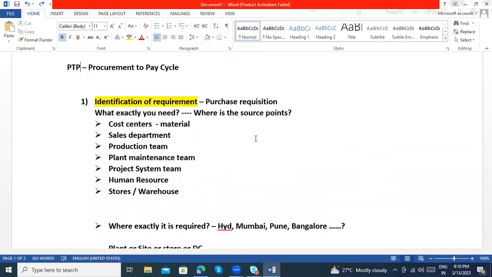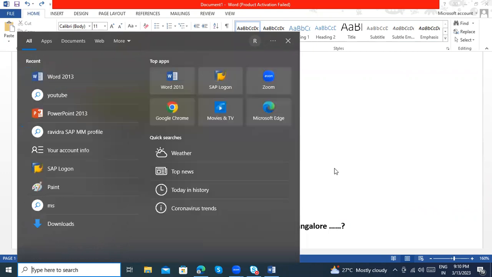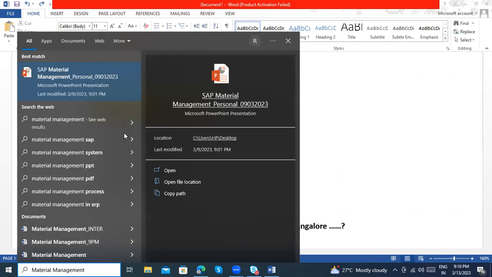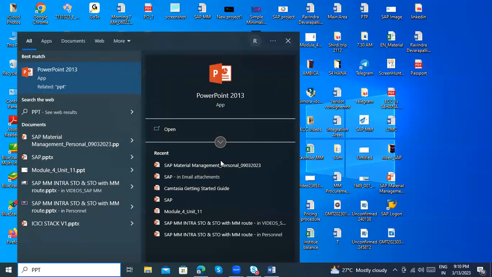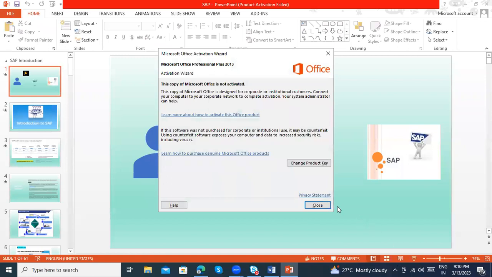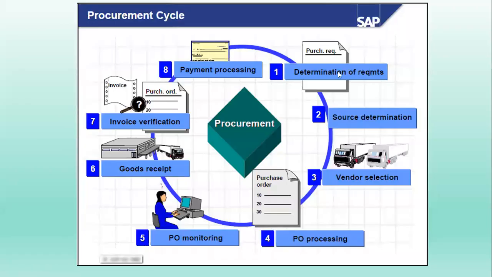I'll just share one thing with you. See here, it starts with determination of the requirement, identification of the requirement, then source determination and vendor selection, then PO processing, PO monitoring, goods receipt, invoice receipt, verification, and payment processing.